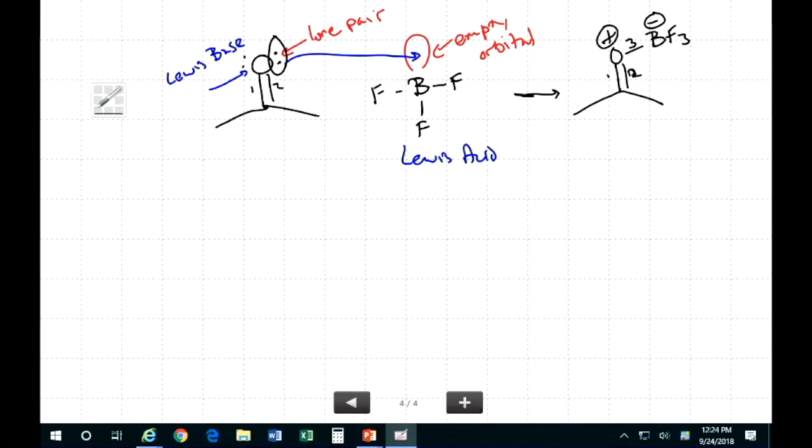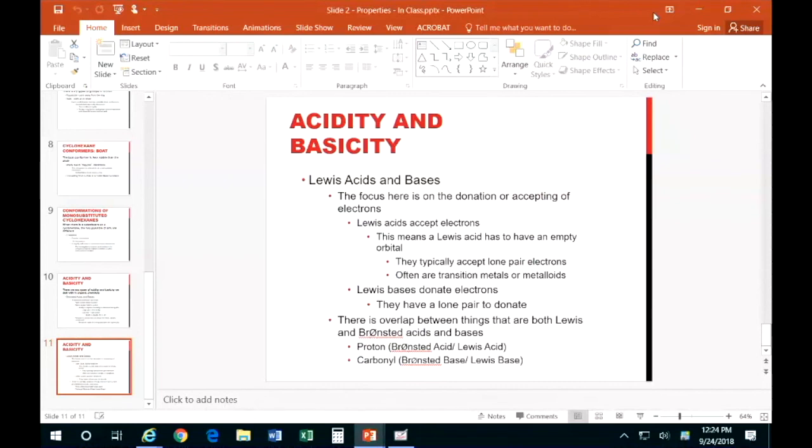You're not just confined to protons, but the Lewis acid base theory also explains Bronsted acids and bases, which is important. They need to be consistent. A proton is a Bronsted acid and it's a Lewis acid, because think about it, it can accept electrons.